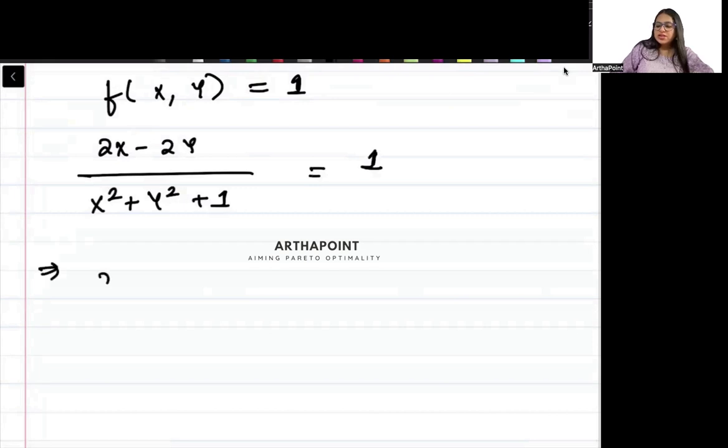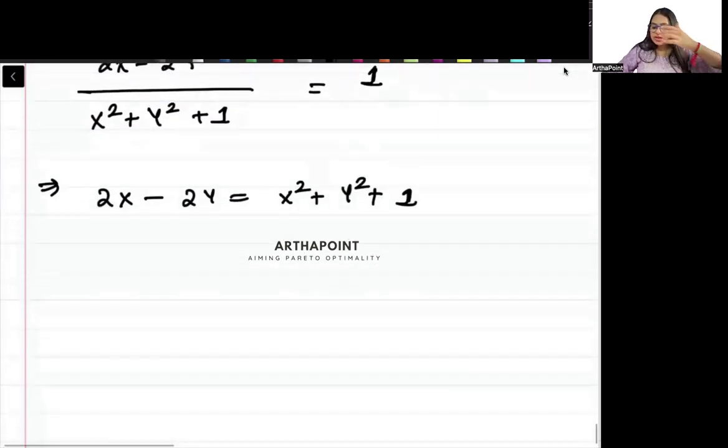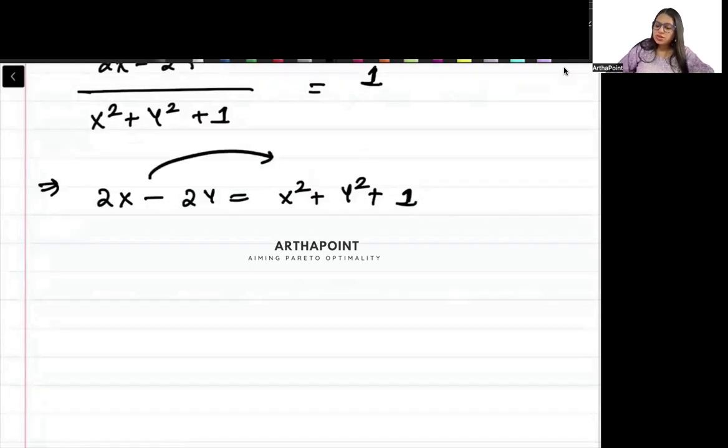So this gives me 2x minus 2y is equal to x square plus y square plus 1. And now I will simplify this better. How can I simplify this? I can take these two things on that side. So x square minus 2x plus 1 plus y square plus 2y is equal to 0.